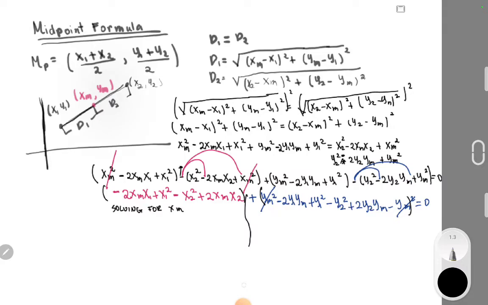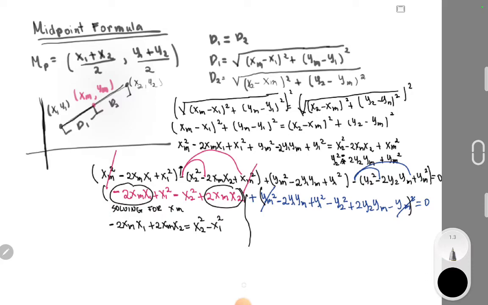Since this must be equal to 0, I will have all values in xm grouped together. So we have negative 2xm x1 plus 2xm x2 is equal to, I will transpose x1 minus x2 to the other side, so therefore x2 minus x1, so x2 squared minus x1 squared.